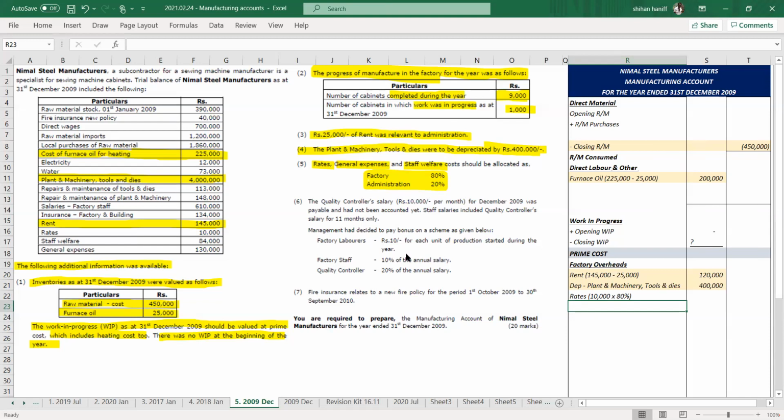Then general expenses, 130,000, 80%. Staff welfare also 80%, 84,000, 80%.